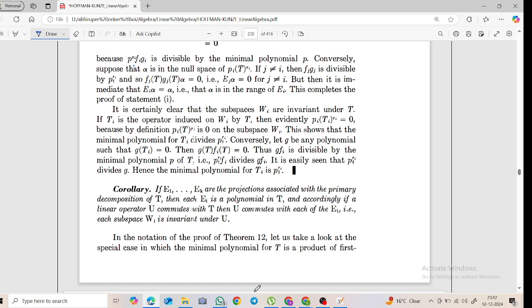And so Fj(T) Gj(T) alpha, that is Ej alpha, is 0. Then Fj Gj is divisible by Pi to the power Ri, and so Fj(T) Gj(T) alpha, that is Ej alpha, is 0 for j not equal to i. But then it is immediate that Ei alpha is alpha. So it is true.